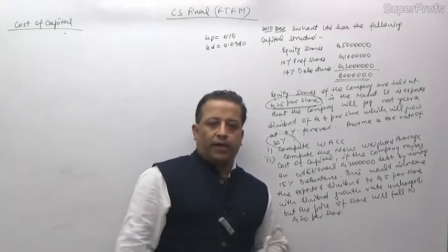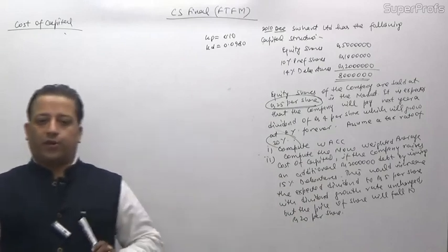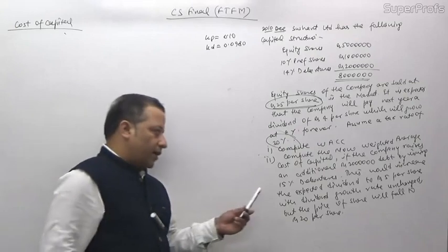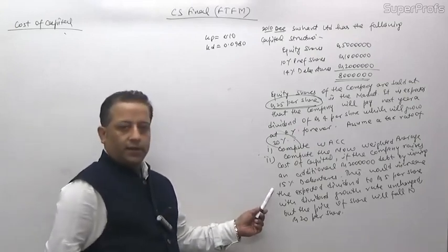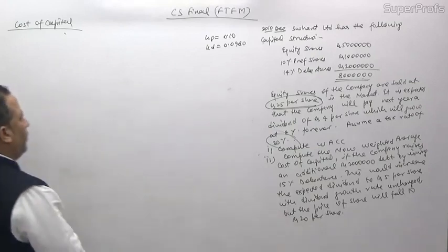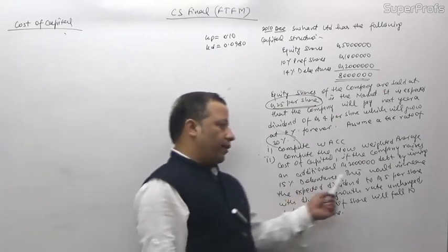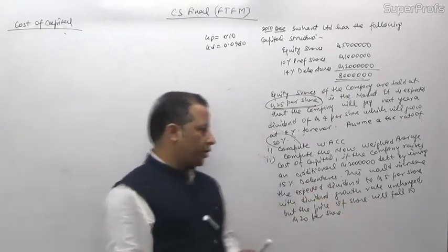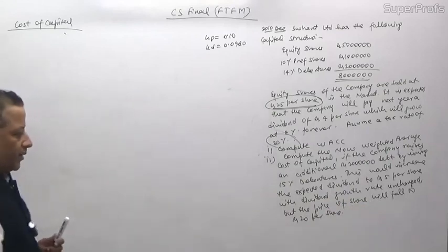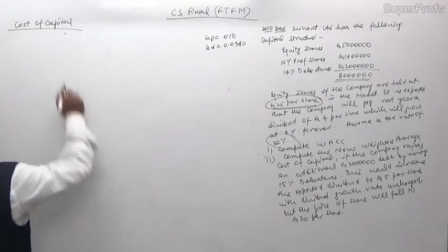So I have to calculate the cost of loan, that means the cost of debt too. But it will affect the cost of equity. I have to calculate the revised cost of equity because the next expected dividend will increase from rupees 4 to rupees 5 per share, and the growth rate remains unchanged, but the market price falls from 25 to 20 per share.